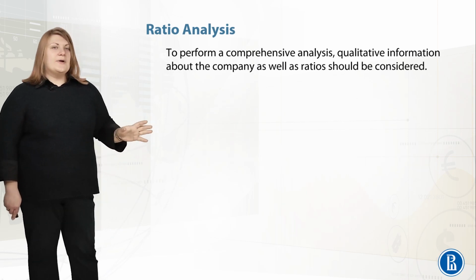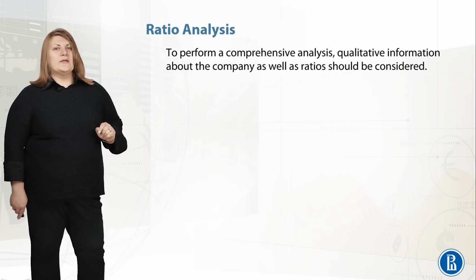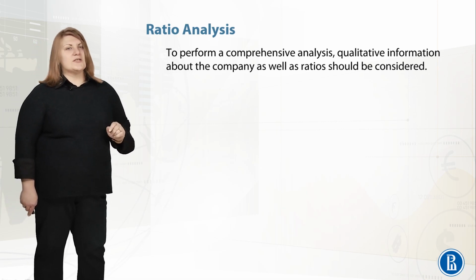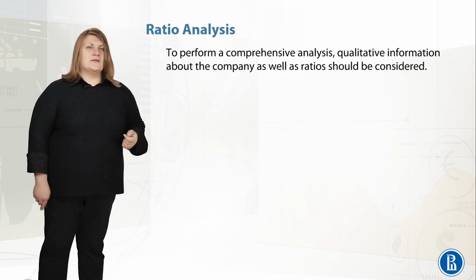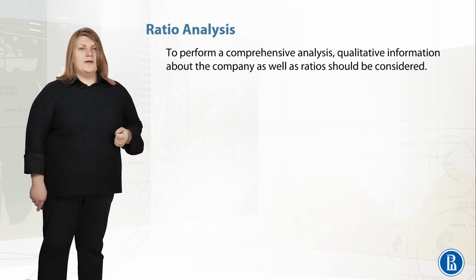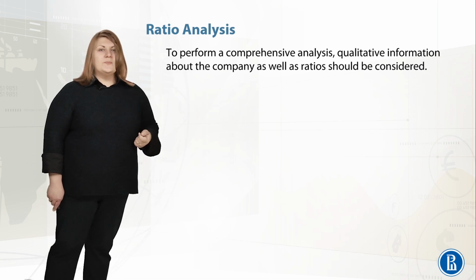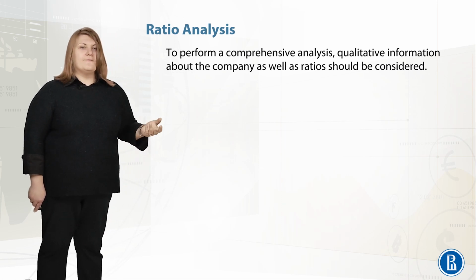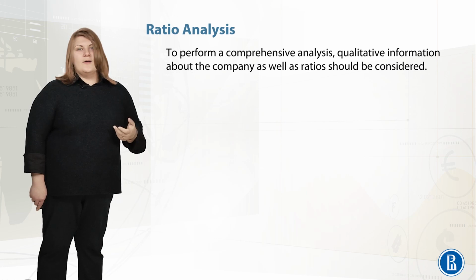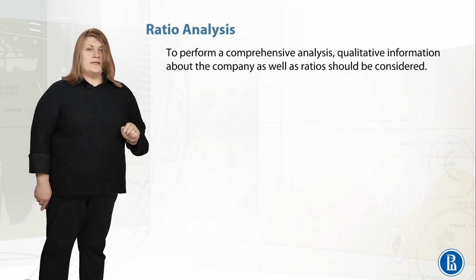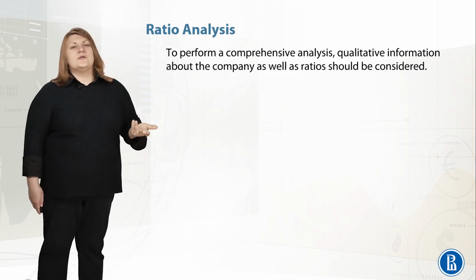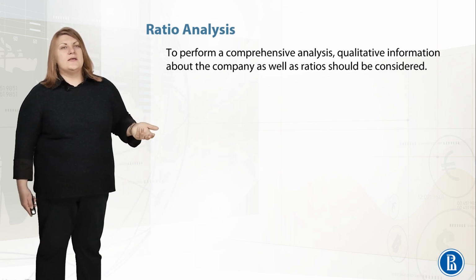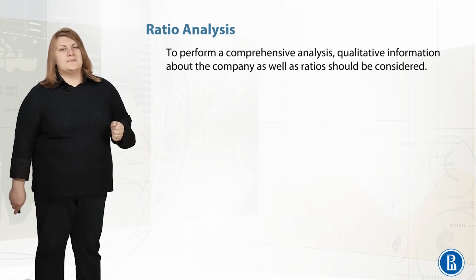To perform a comprehensive analysis, we will use qualitative information about the company and we will consider it in the ratios. For example, one business may have a completely different product mix than another company, even though both operate in the same broad industry. Now, how to determine how well one company is doing relatively to another?